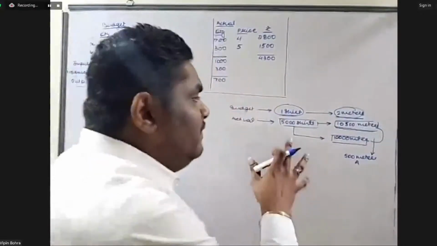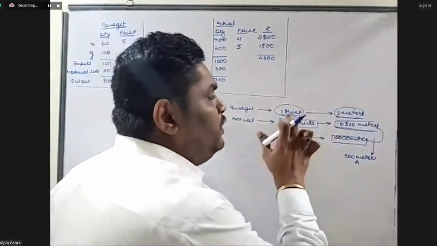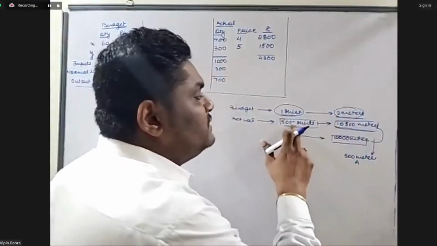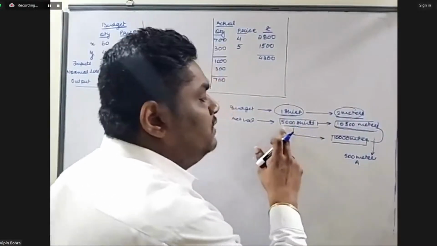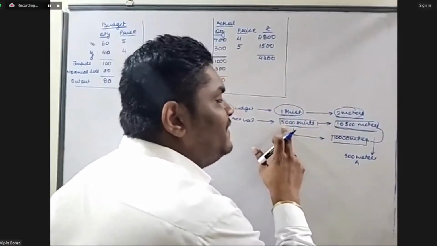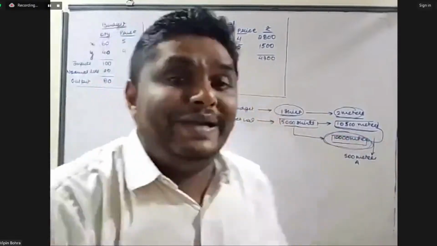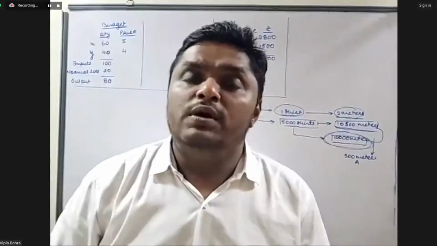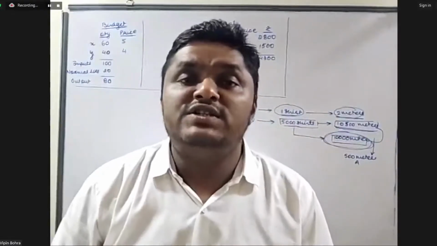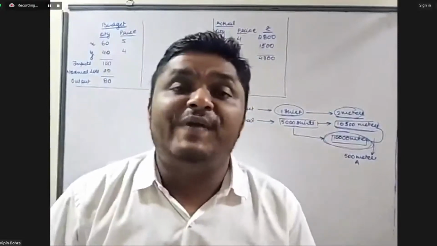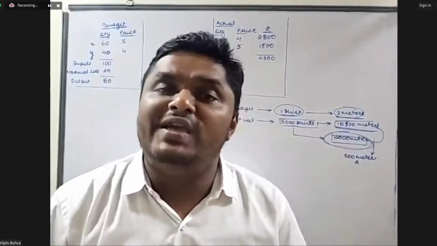So matching with the output, one shirt requires 2 meters. These 5,000 shirts should be manufactured using 10,000 meters. But actually, to manufacture these 5,000 shirts, we consumed 10,500 meters. That is 500 meters more than what we expected.